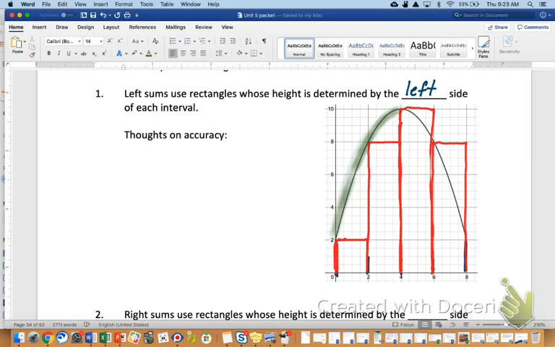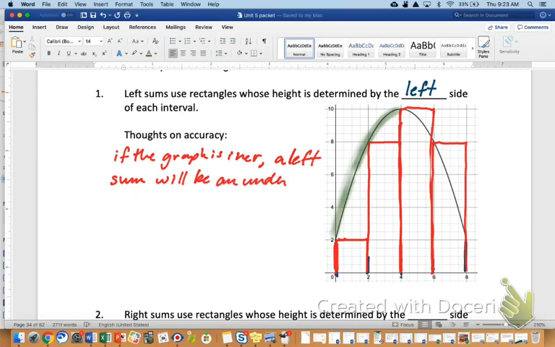So if the graph is increasing, a left sum will be an underestimate. In other words, the areas of these two rectangles right here would certainly be an estimate for that area from 0 to 4, but they would be too low. They would be an underestimate.